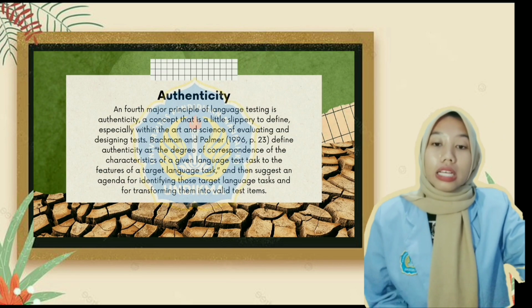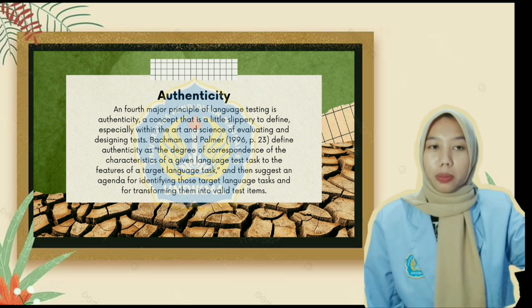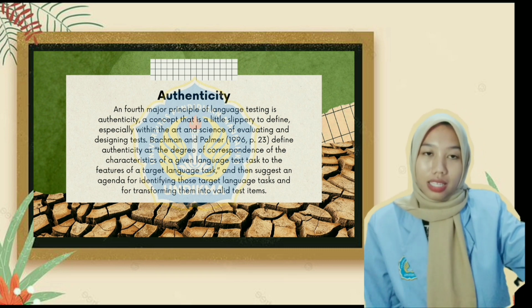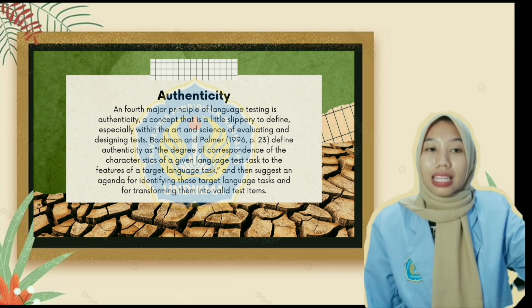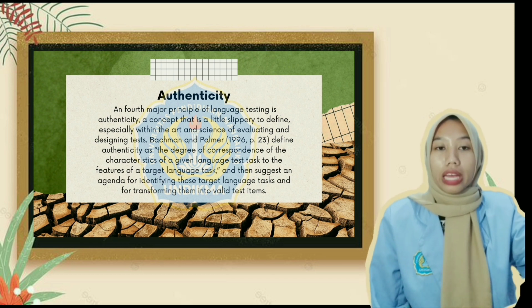Next there is authenticity. A fourth major principle of language testing is authenticity, a concept that is a little slippery to define, especially within the art and science of evaluating and designing tasks.